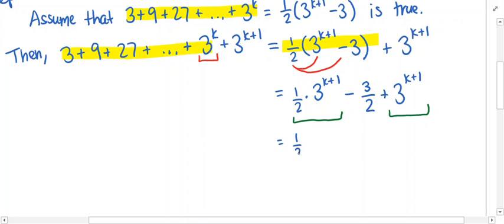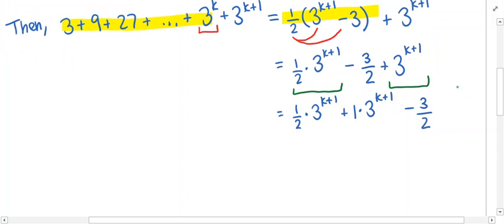This is going to be 1/2 times 3 to the k plus 1, plus 1 times 3 to the k plus 1. Then I've got just a number hanging around, so I'm going to move it to the very end. Here's the 3 raised to the k plus 1 power. That's common to both of these terms, so you can factor it out.